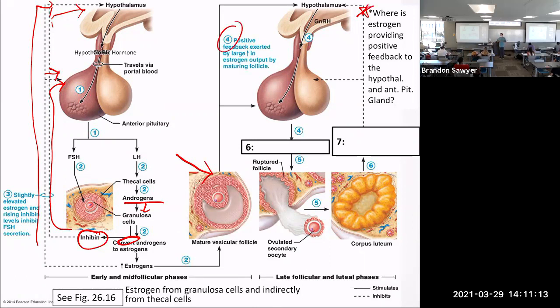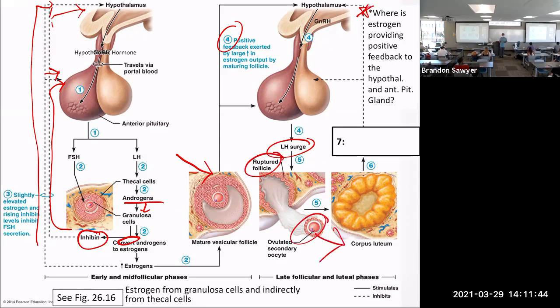It's something in the way that the hypothalamus and pituitary are programmed: a small to moderate amount of estrogen will cause negative feedback, controlling the rate of release. But once it gets to be a lot, it flips. And all of a sudden, what does that cause? A huge surge of both LH and FSH. The FSH doesn't matter so much here, but the surge of LH is what stimulates the follicle to rupture, and then the egg can be released.